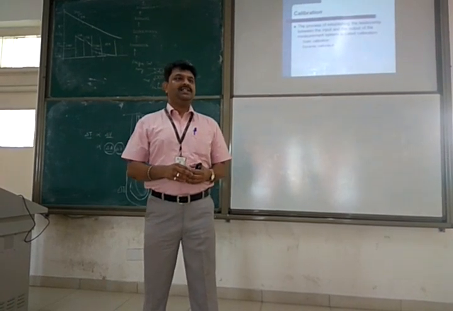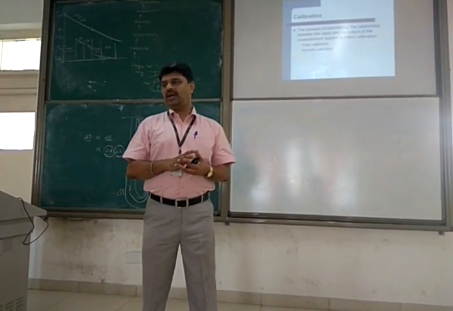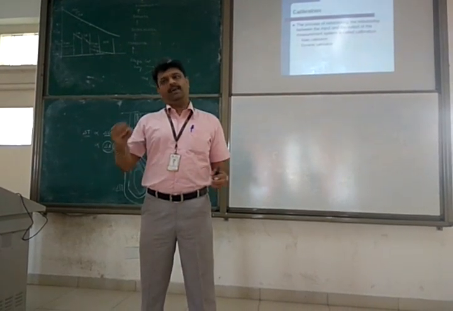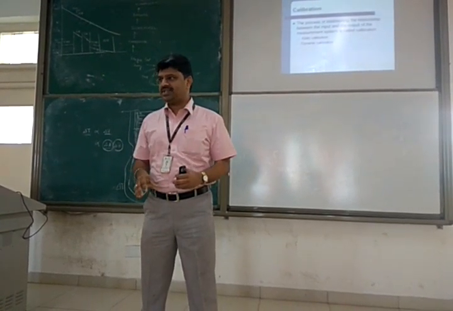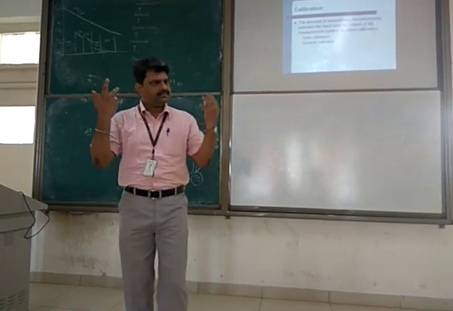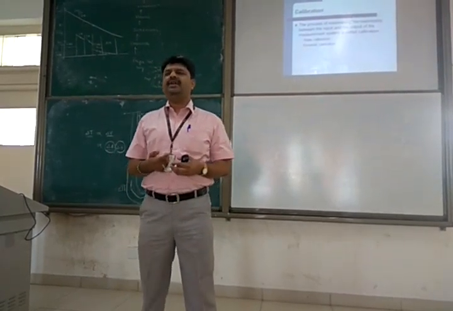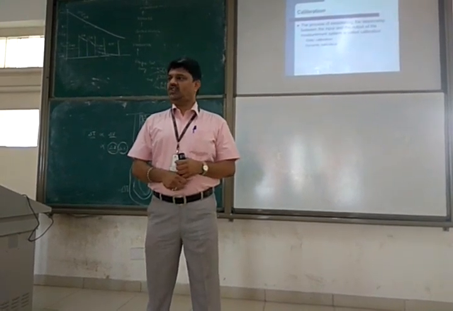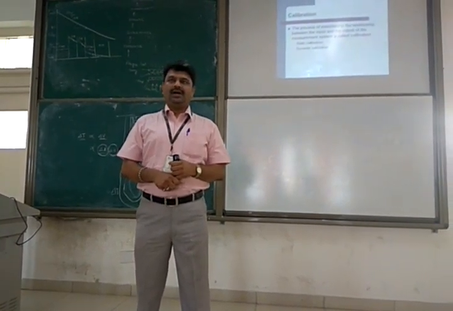You call it static calibration. Performing the calibration with all environmental factors under control is static calibration. Just like that, if you perform it anywhere, you call it dynamic calibration. Is that clear?